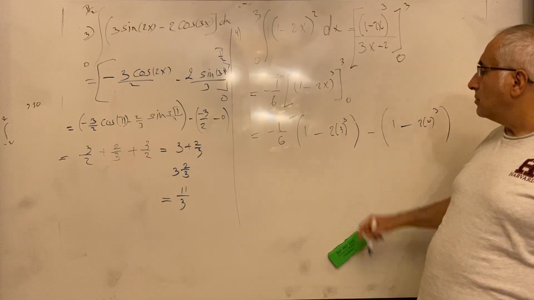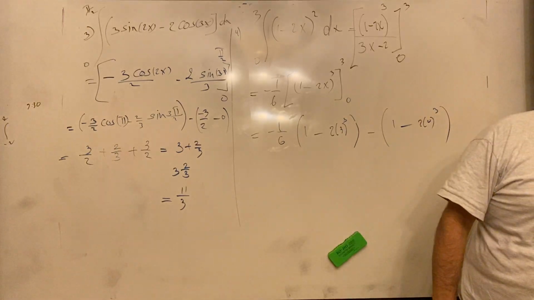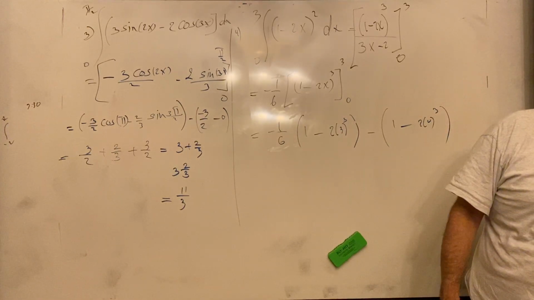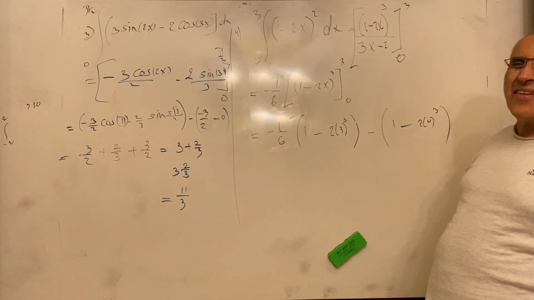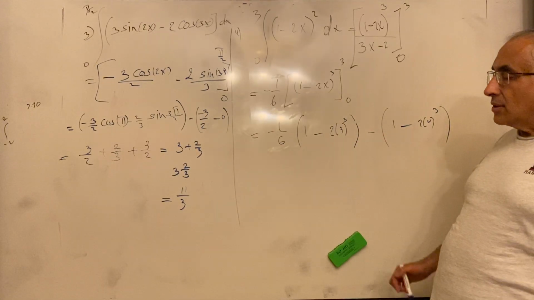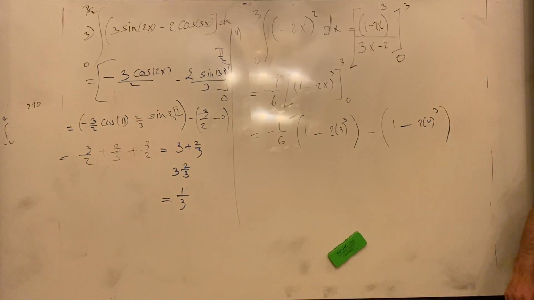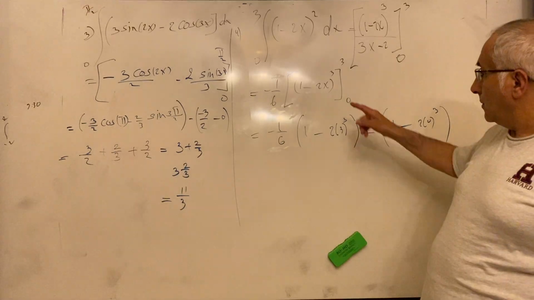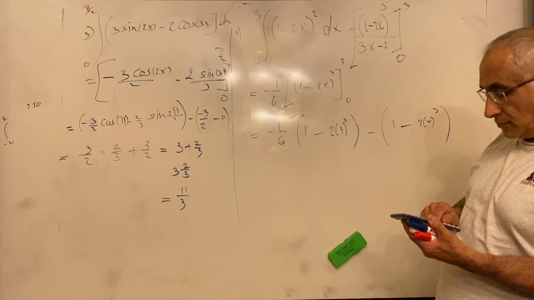So what's 3 cubed? Did I substitute right? It's from 0 to 3. Yeah, I'm right. 3 cubed is 27 times 2. All right, 27.